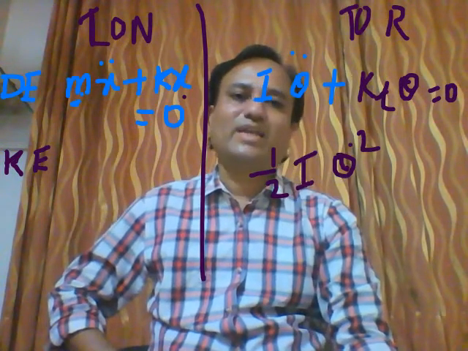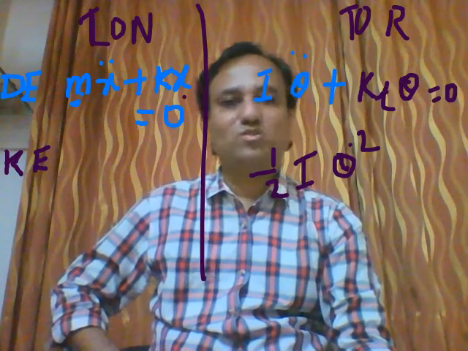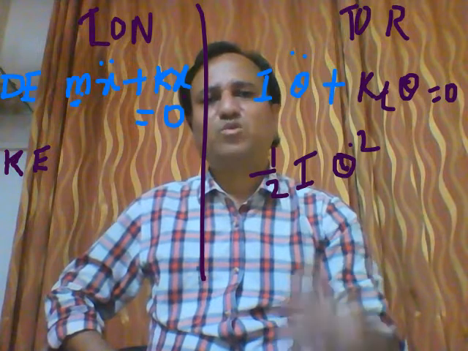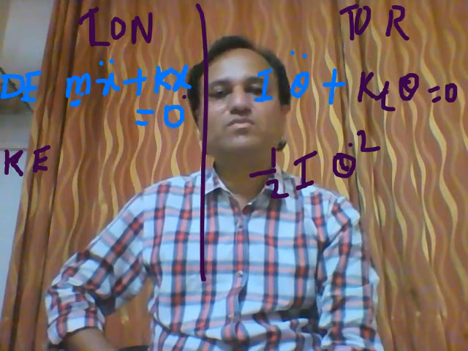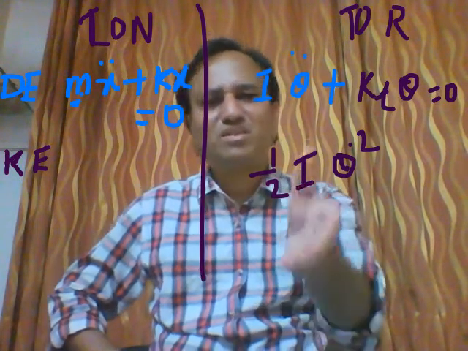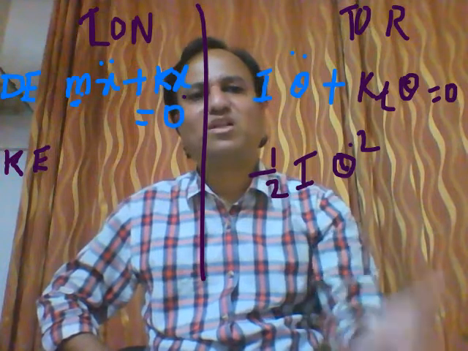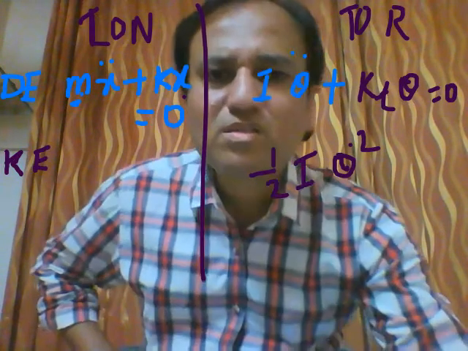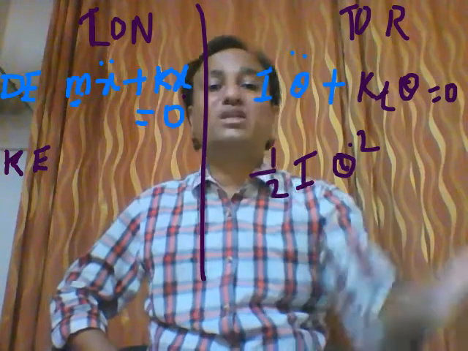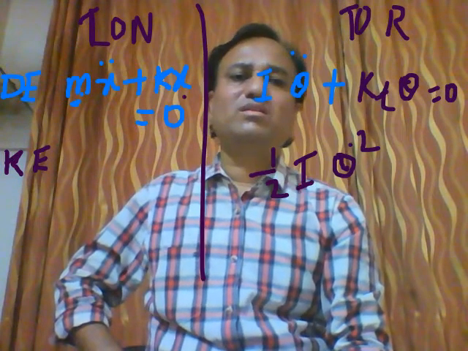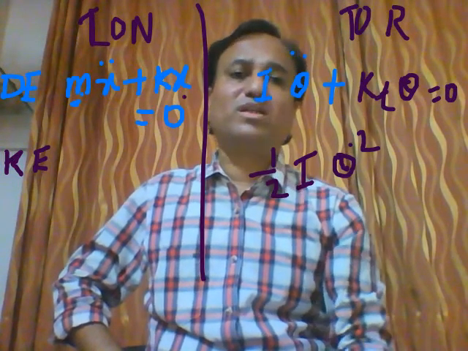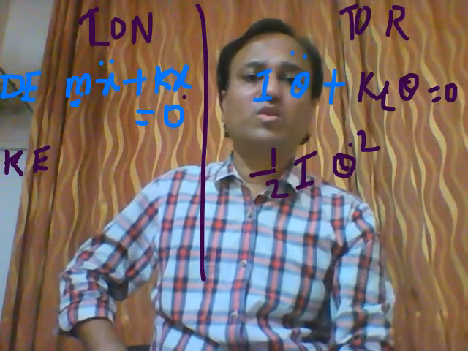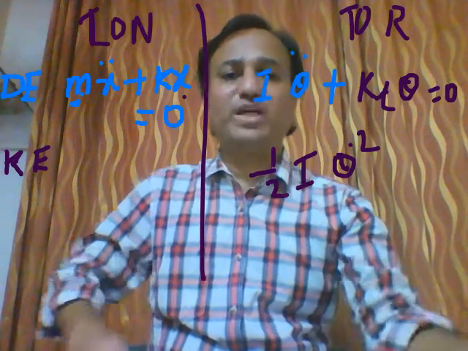So KE is 1/2 I theta dot square. So the kinetic energy of a rotational body, simple physics, 1/2 I theta dot square, you already studied. That is 1/2 I omega square. Theta dot is nothing but omega, student.